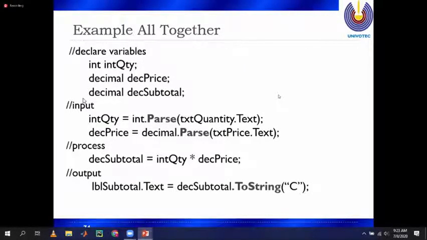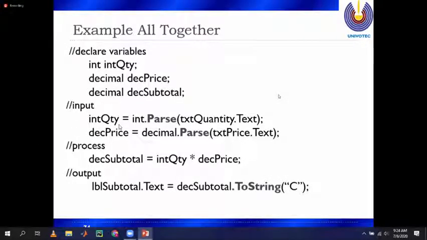Now you can see one of the examples. Here we declare 3 variables: int intQty, decimal decPrice, and decimal decSubtotal. Always I use a 3-letter prefix as the data type, so it is easy to understand: this is a decimal, this is an integer.